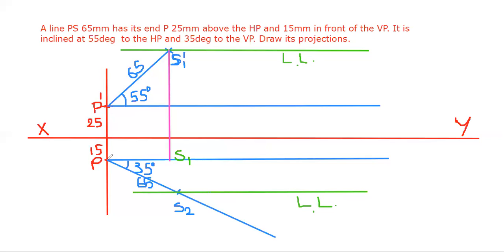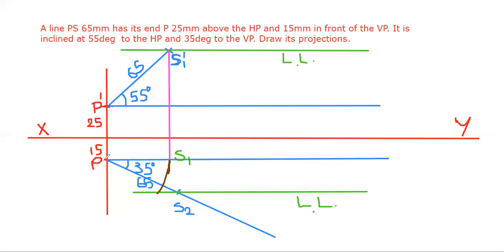So take P as a center, PS1 as a radius, and draw one arc so as to cut the locus line. See, this is not a straight line.